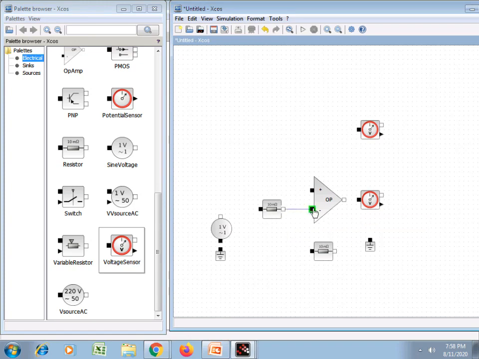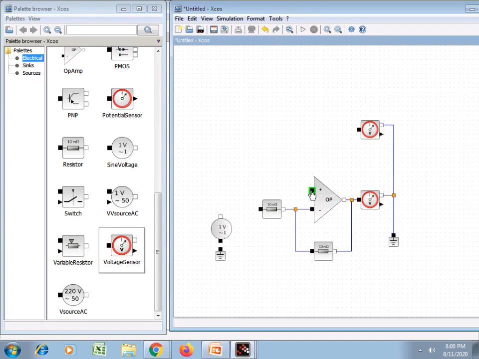Now I am connecting the ports of these blocks. The input and output voltages are to be measured with respect to ground, so therefore one terminal of this voltage sensor is connected to the ground.